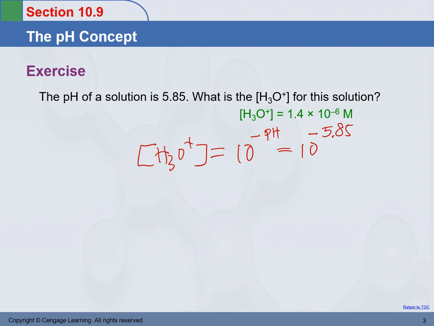So it should be 1.4 times 10 to the power of negative 6. Again, as you can see, in the pH you have 2 digits after the decimal. In the original answer here, you should have 2 sig figs because pH is a logarithm.